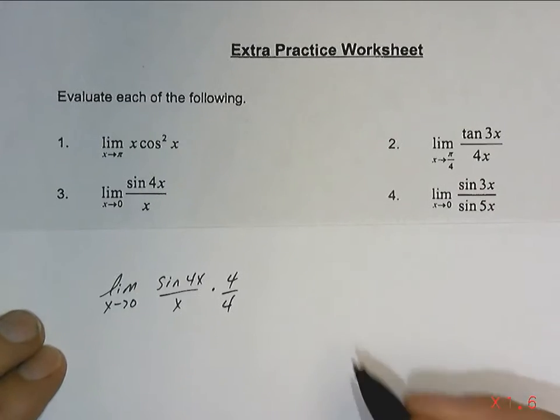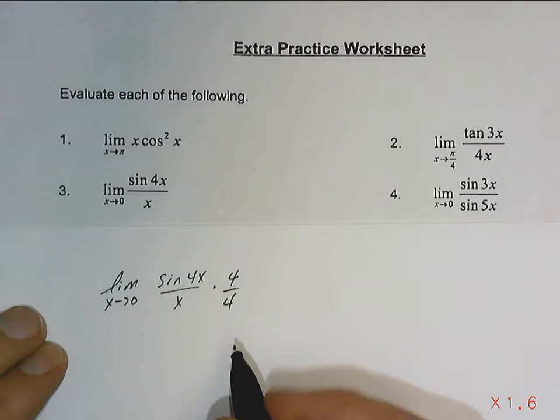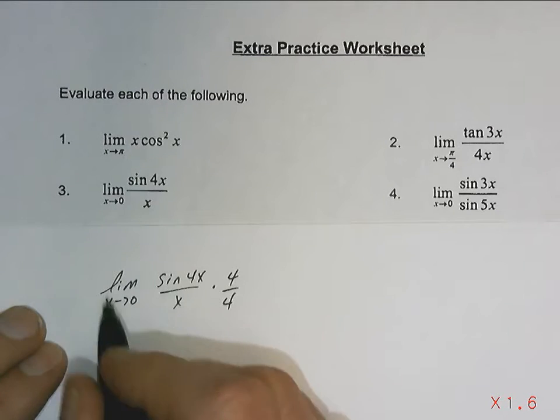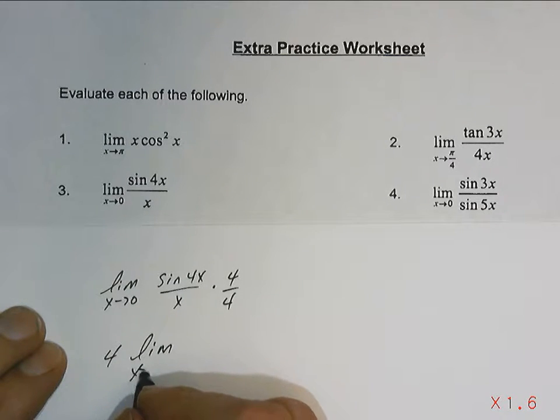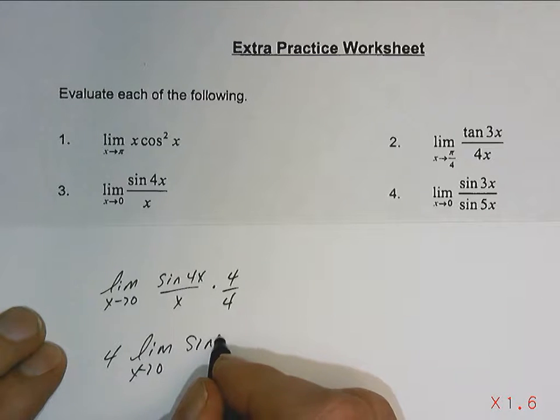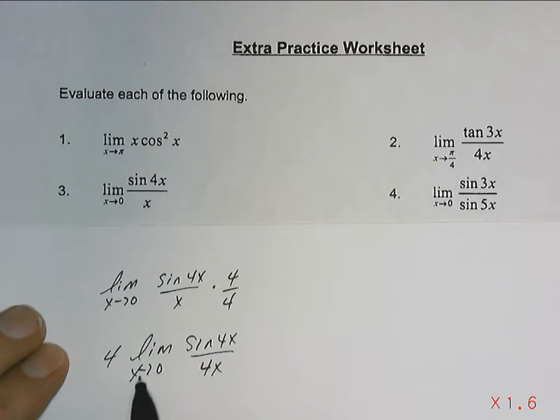So if I multiply top and bottom by 4, this 4 is going to come straight out. So 4 times the limit as x approaches 0 of sine 4x over 4x. Now as x approaches 0, so does 4x approach 0.